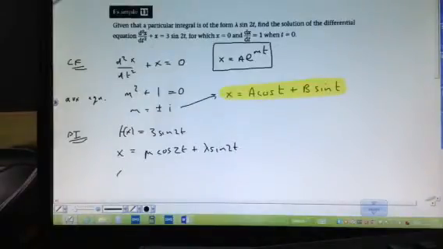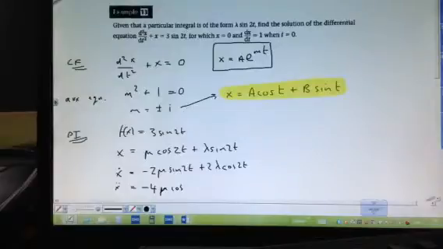So I get x dot is equal to minus 2 mu sin 2t plus 2 lambda cos 2t. And that leaves you with x double dot is equal to minus 4 mu cos 2t minus 4 lambda sine 2t.